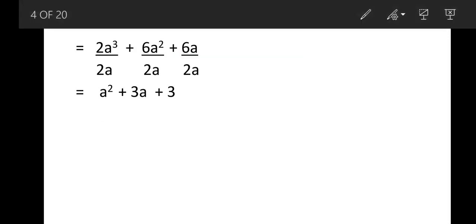As the given polynomial is to be divided by 2a, I have written 2a below every term.